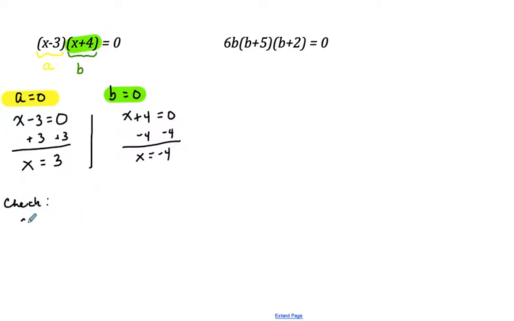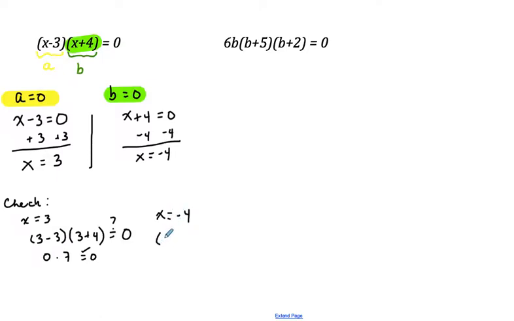So I'm going to check the x is equal to 3 case first. So 3 minus 3, the quantity, times the quantity 3 plus 4. Is that really going to equal 0? Well, that would be 0 times 7, and that does indeed equal 0. So that would work. And then I'm going to try the second case, the x is equal to negative 4 case. So I'm going to plug that in.